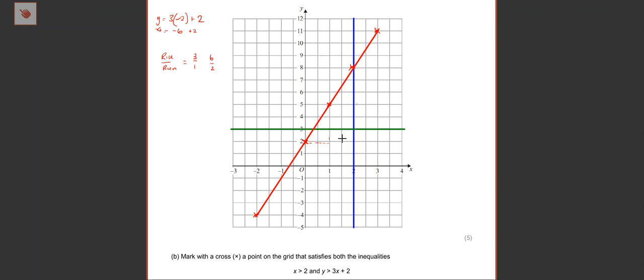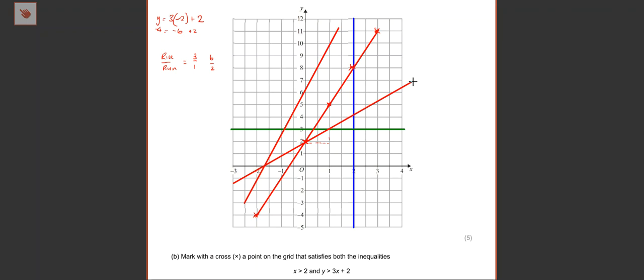Oh, I know, I did this. I just said the line was wrong. But for instance, if the line does this, but it goes, I would give 1 mark because it is a positive gradient. If the line does that, it's still 1 mark.